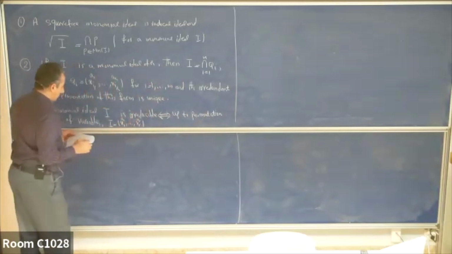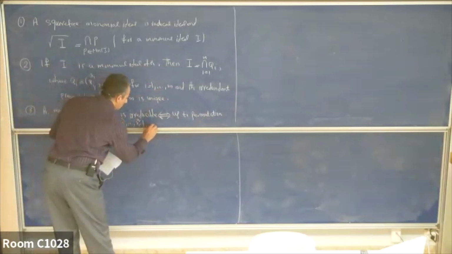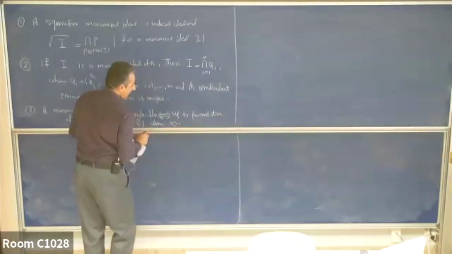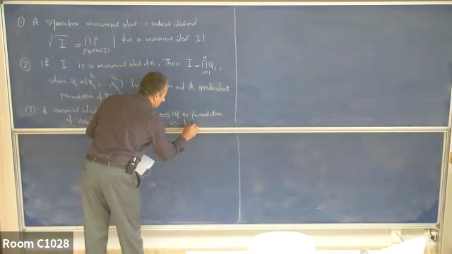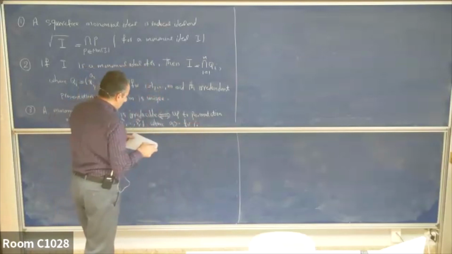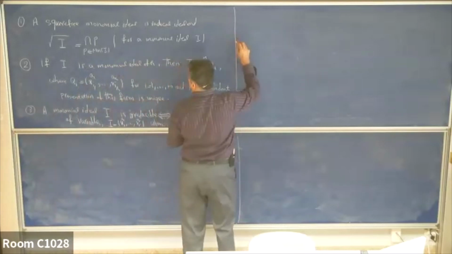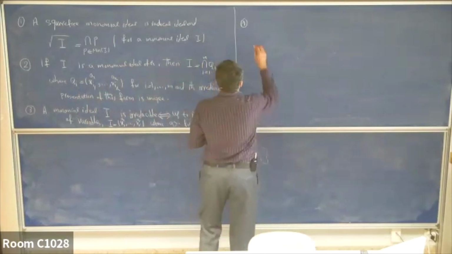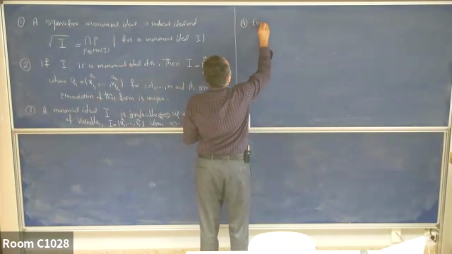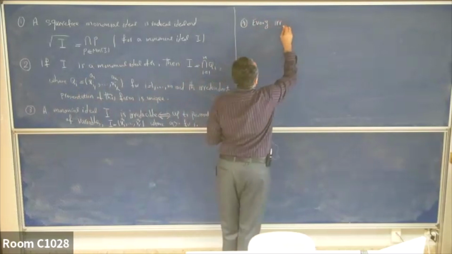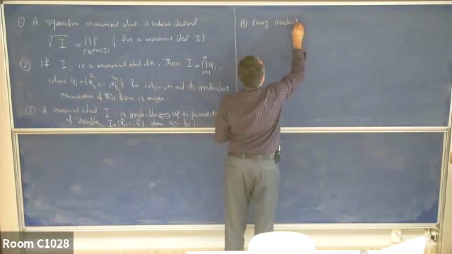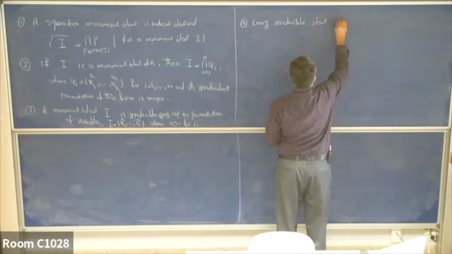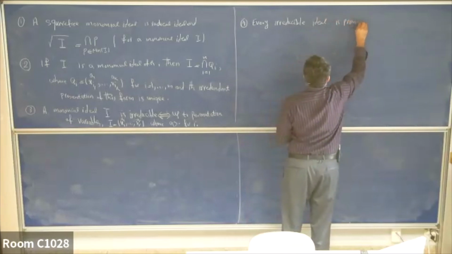So the irreducible ideal is characterized where a_i is positive for all i. And every irreducible ideal is primary.